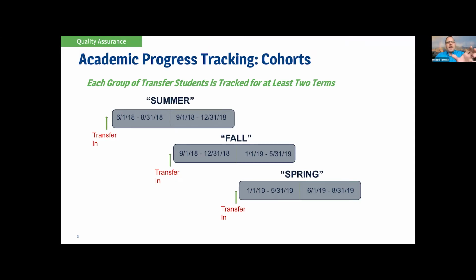The academic progress tracking, although we submit it once a year, is actually tracking cohorts: students who transfer in just before the summer term, just before the fall term, and just before the spring term. It then tracks at least 2 semesters of enrollment after those transfers in, and provides course level grade information for those passport transfer students and for those native students. The reason that's important is it gives us comparative data.